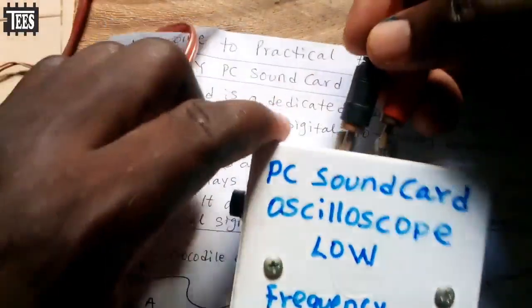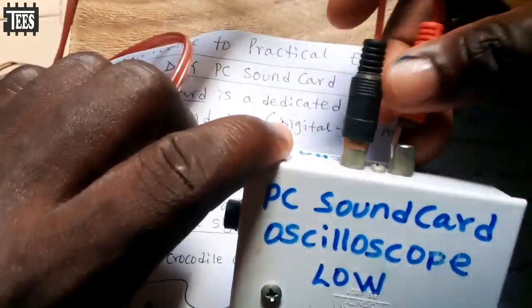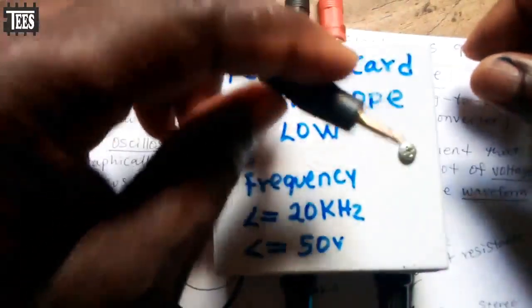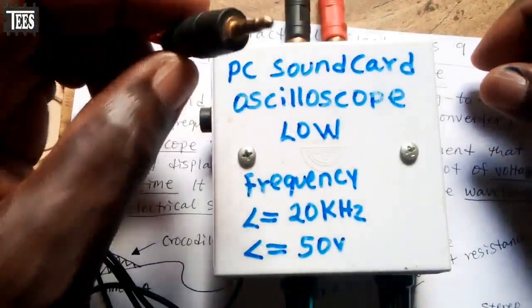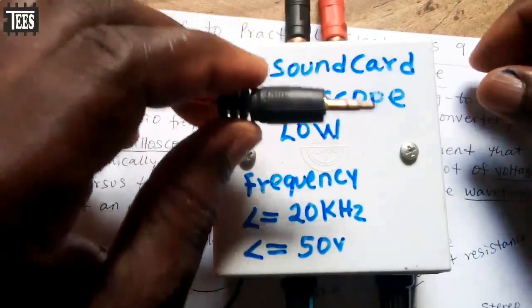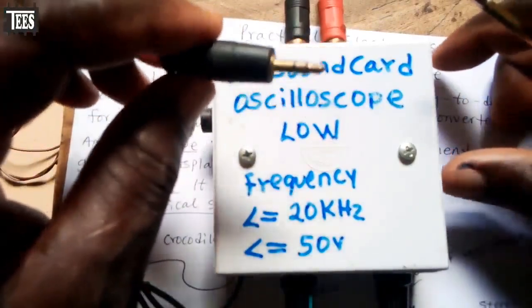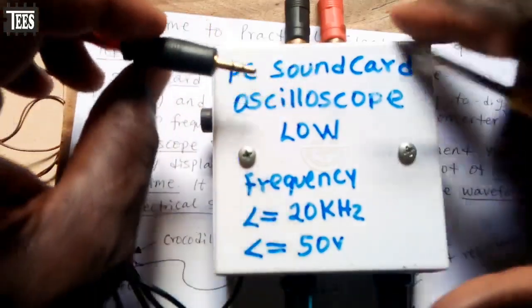So this end goes to the microphone input of your computer. Now every computer has an inbuilt sound card. The sound card has inputs and outputs, microphone inputs and also headphone output.